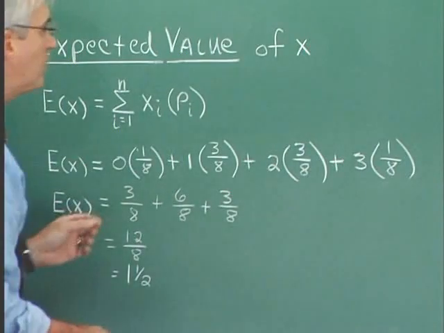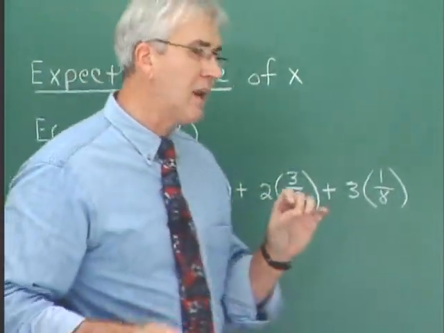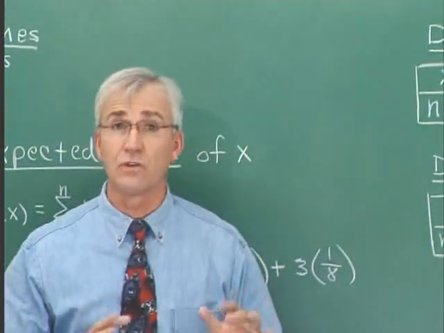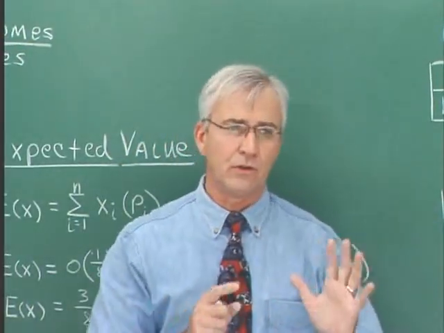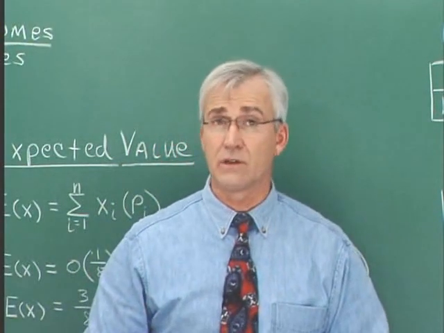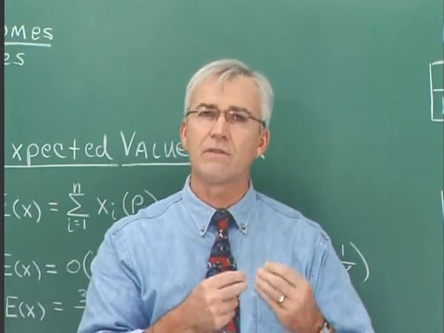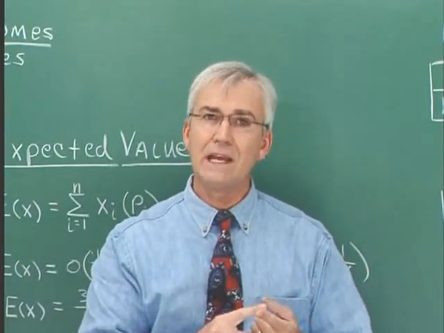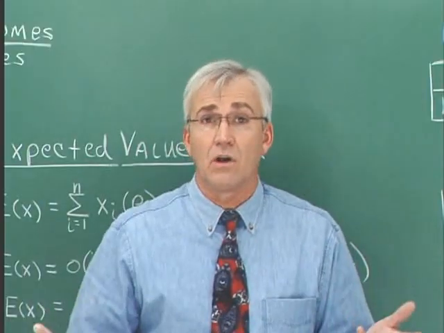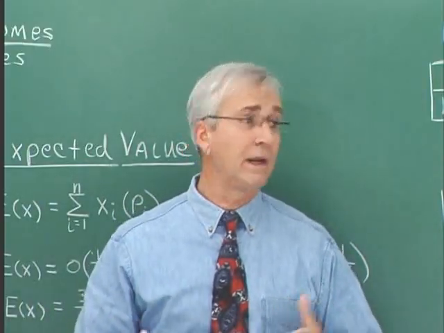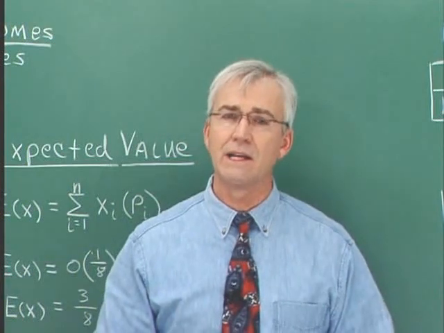Now, when I say the word average, though, I'm kind of getting into dangerous water here when you talk about formal probability and statistics, because the word average can actually refer to 3 different ideas: mean, median, and mode. And we haven't talked about median and mode, and here we're just now talking about the idea of mean.